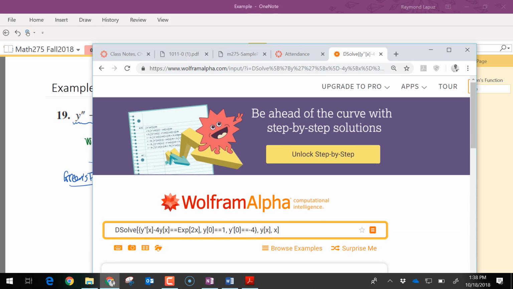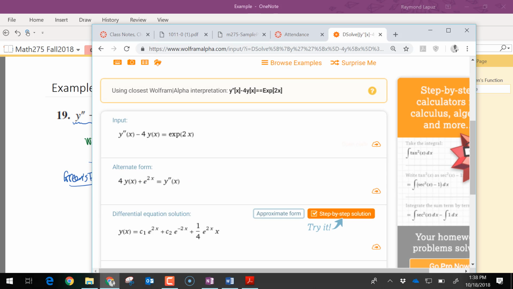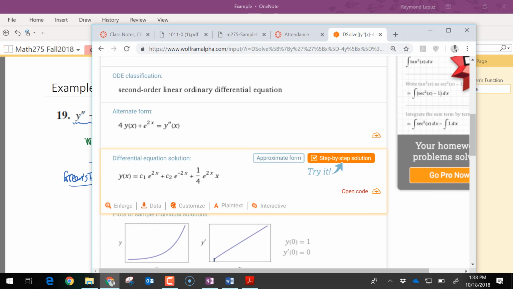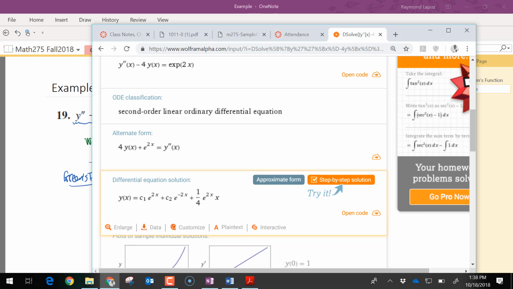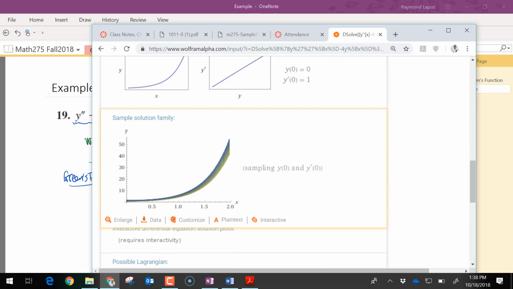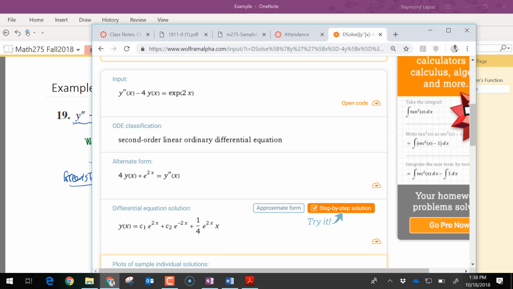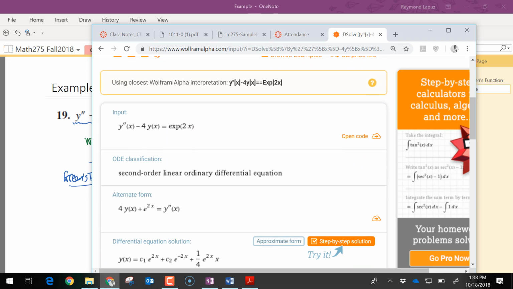Now what? Maybe it doesn't work. Didn't use our initial conditions. What's wrong with our initial conditions?